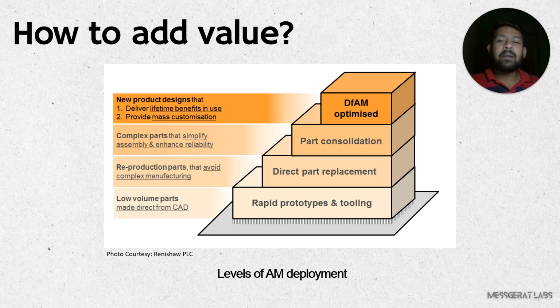Then we have direct part replacement. Now this is for reproduction parts. Now if there are components which are being used, but you need to supply it as a spare part, if some component gets worn out or gets damaged, then that component can easily be reproduced.